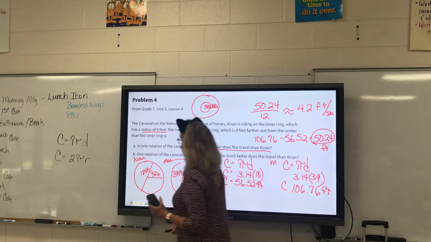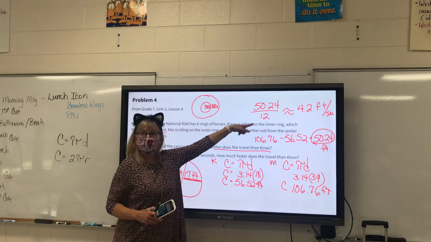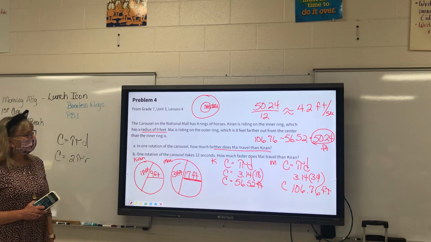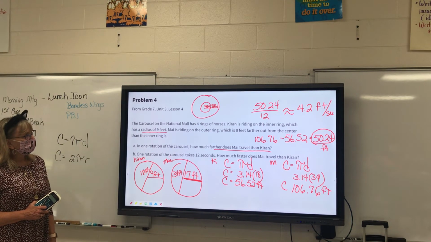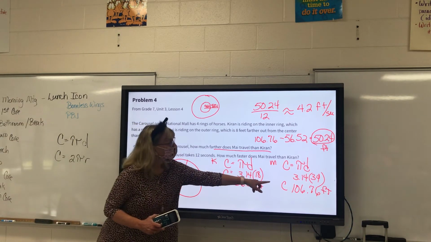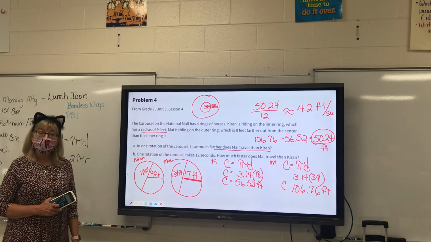Here we go, I had the wrong unit. That makes sense, because that's feet and that's seconds. So she's going 4.2 feet per second faster because she covers more space in the same 12 seconds.